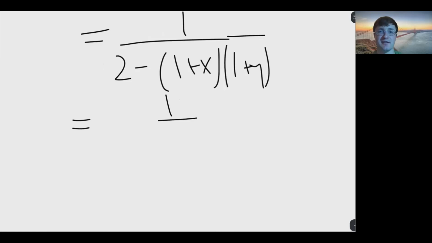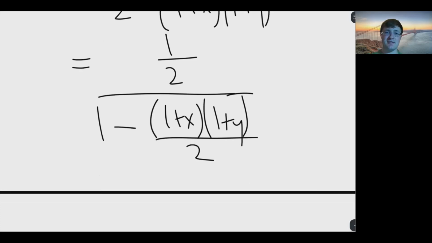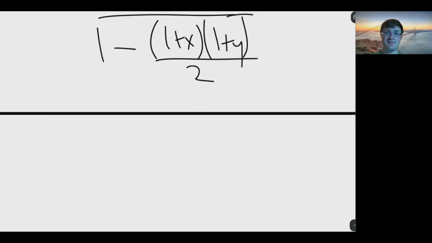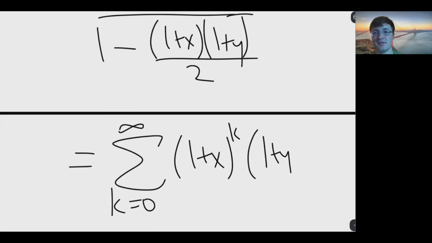So we'll get 1/2 over 1 minus 1 plus x, 1 plus y over 2. Okay, so now we expand this as a geometric series. And that gives us the sum from k equals 0 to infinity of 1 plus x to the k, 1 plus y to the k over 2 to the k plus 1.